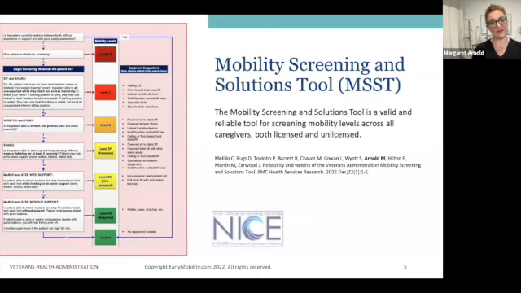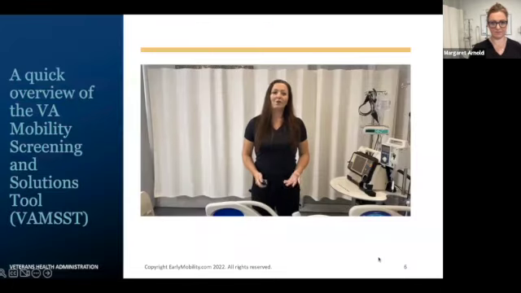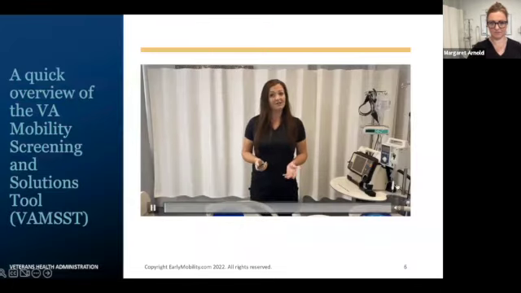And then you go through level 1, 2, 3P, which is powered, and a 3N, which is non-powered. And then a 4A, which is adaptive, and a 4, which is non-adaptive, independent ambulators. So let's look and see how we do the VA Mobility Screening and Solution Tool and how we determine the patient's levels.